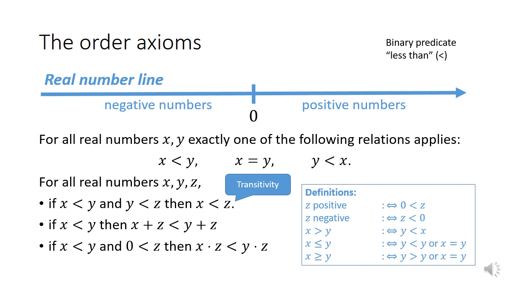This means an inequality with less than is preserved if we add the same number on both sides. And it is also preserved if we multiply both sides by the same positive number. The axioms presented here are the order axioms. Together with the field axioms, they turn the real number system into an ordered field.